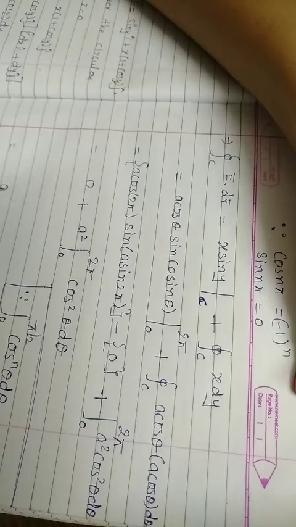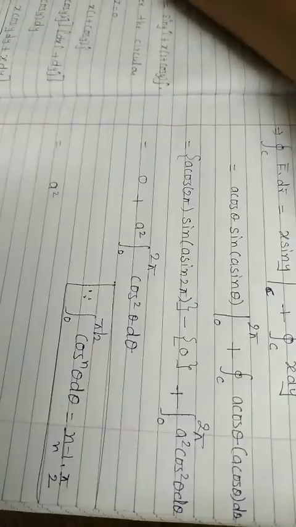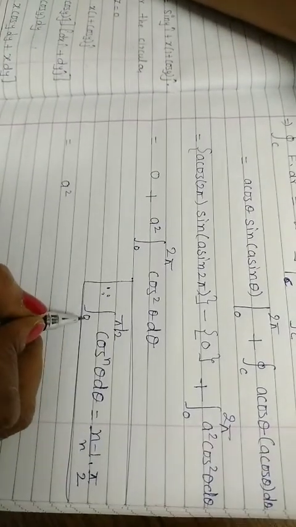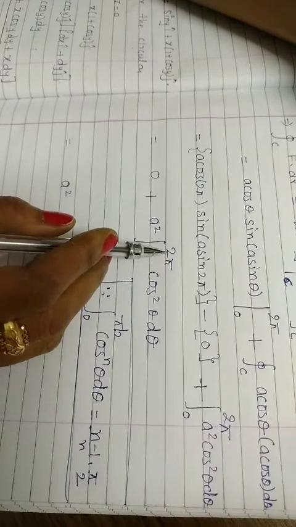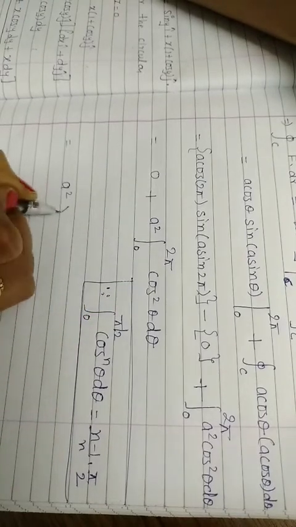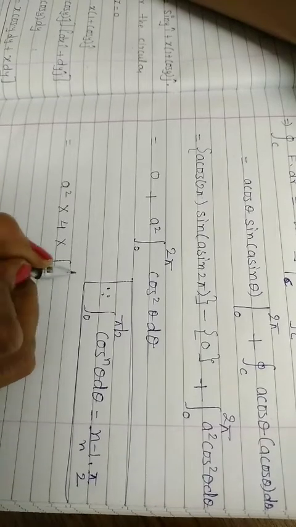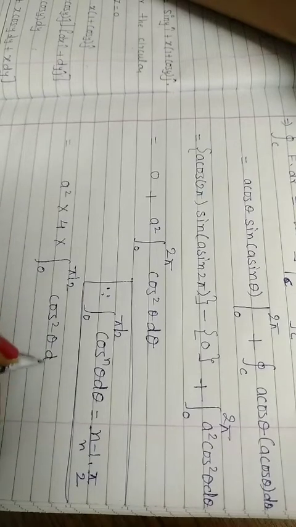But here the limit of integration is 0 to 2 pi, and in the reduction formula it is 0 to pi by 2. So for reducing it to 0 to pi by 2, we will multiply it by 4. Now I am writing it as 0 to pi by 2 cos square theta d theta.